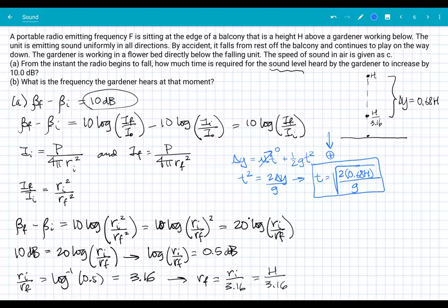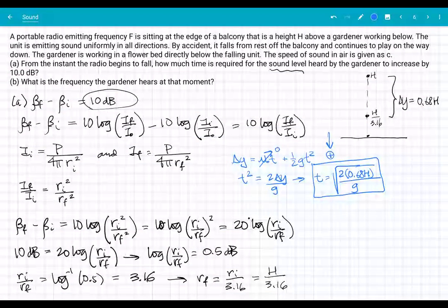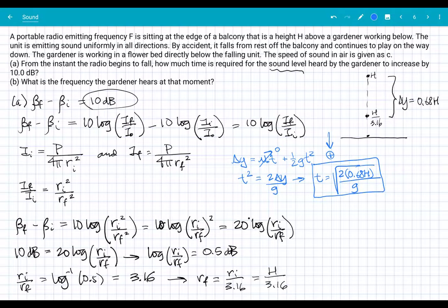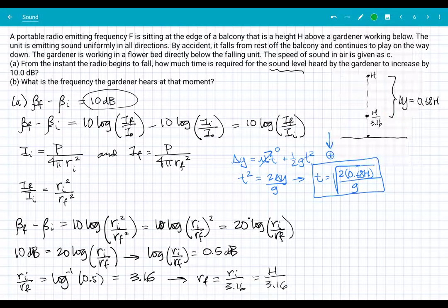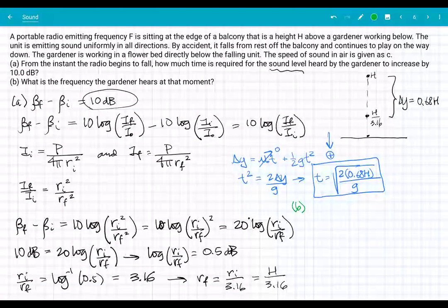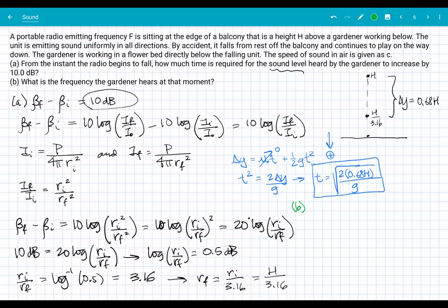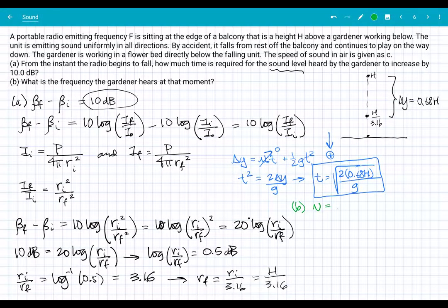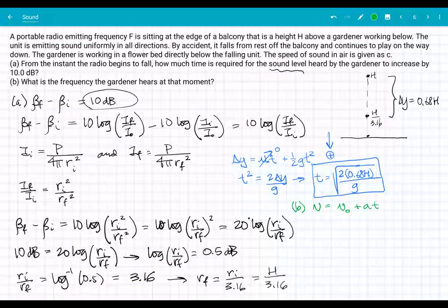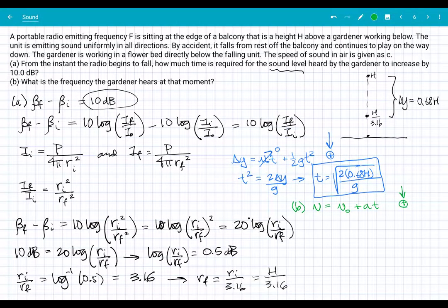So part B asks us for what is the frequency that the gardener hears at that moment. In order to find the frequency, we need to find the speed at that moment. I'm going to change colors again to work on part B just to keep that a little more clear. So in order to find the speed, I'll use my kinematics. v equals v naught plus at. And again, let's use downward positive.